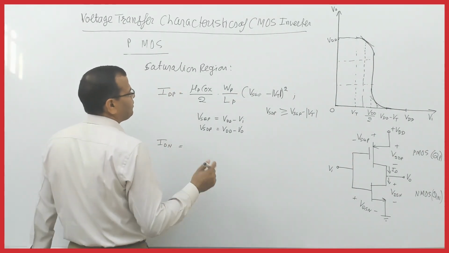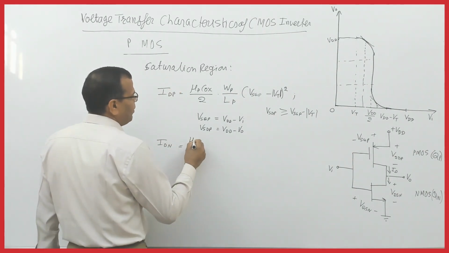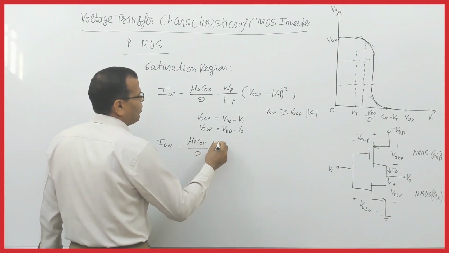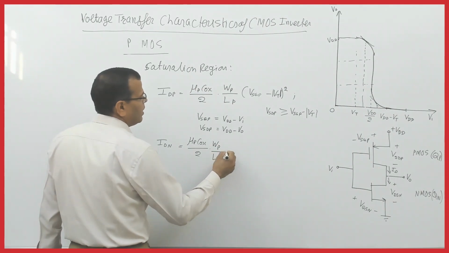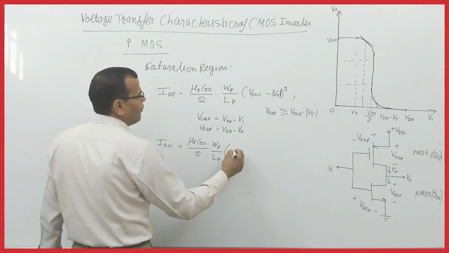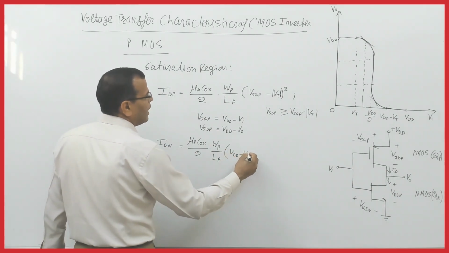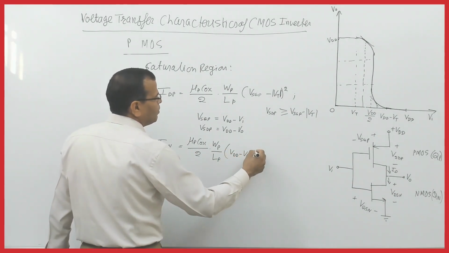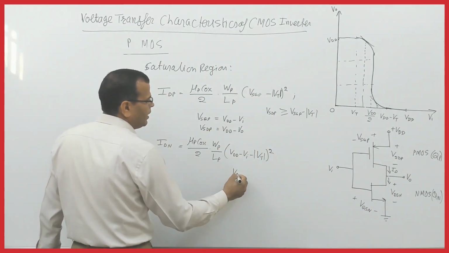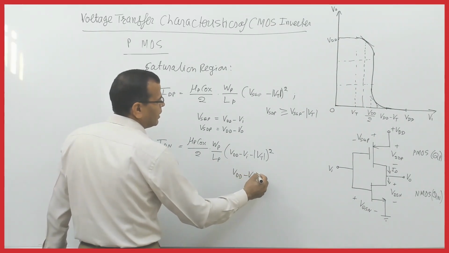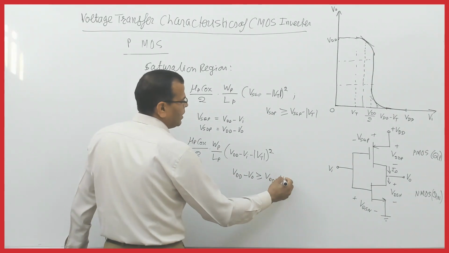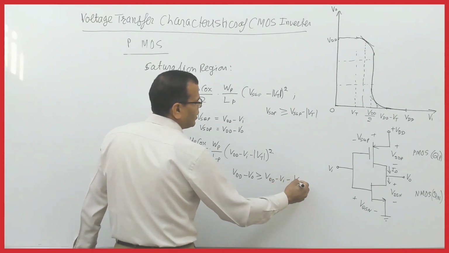That is mu P C naught X by 2 into WP by LP into (VSGP, which is VDD minus VI, minus mode of threshold voltage) whole square, and VSDP is what? VDD minus V0 greater than or equal to VDD minus VI minus mode of threshold voltage.